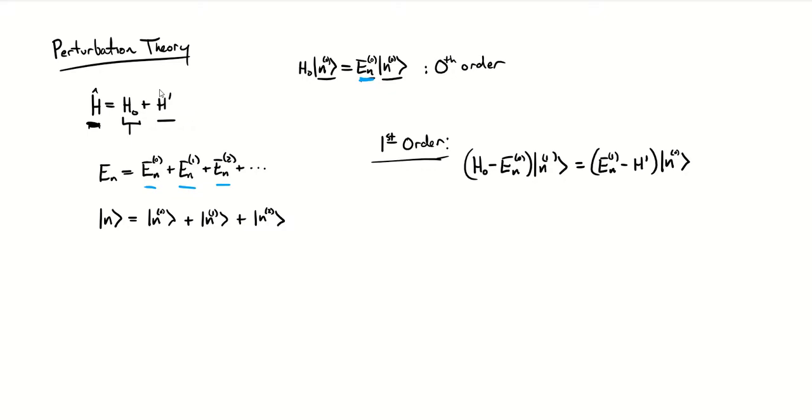And what we did was we looked at this in matrix notation, and we solved for our first order energy corrections. What we showed in the last video was that the first order energy correction was essentially just the diagonal element of that perturbation Hamiltonian, right?